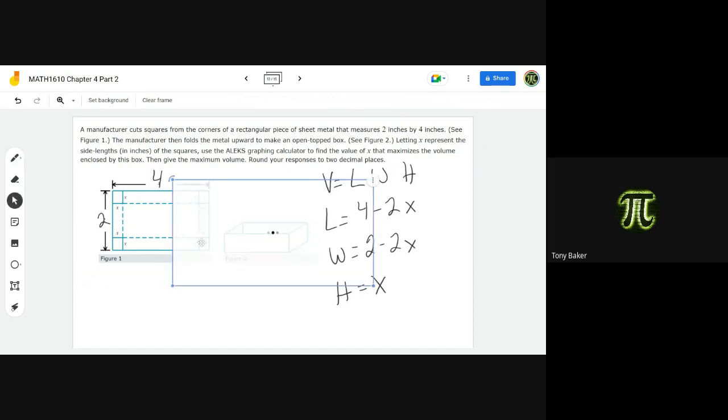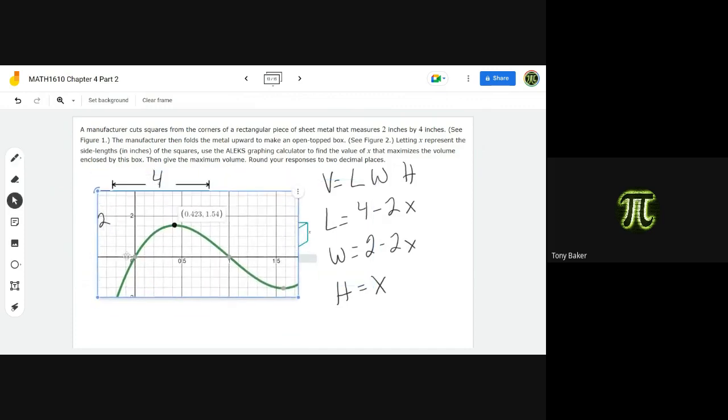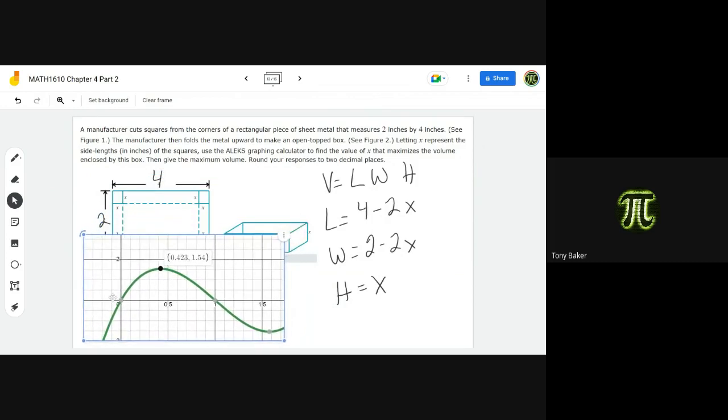So graph it in Desmos, and that's what you end up getting.